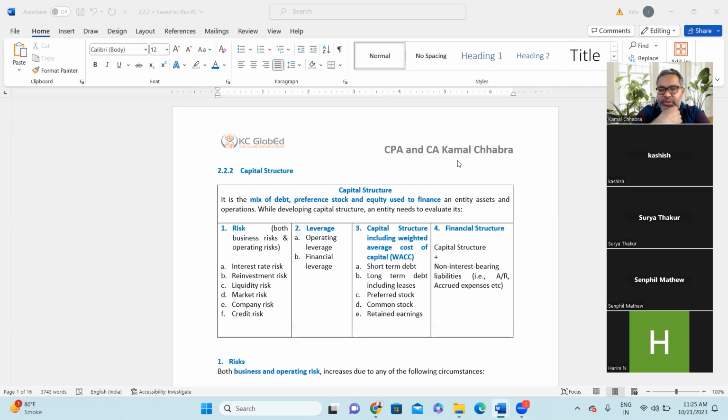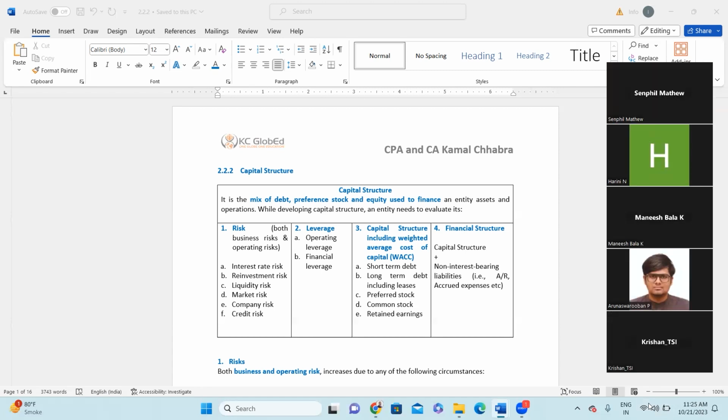Surya, Kashish, Matthew, Harini, have you heard about business risk? Arun, Krishna? Is it related to any particular type of business that can be incentivized by the government? Maybe any of your friends, family members, or relatives are doing any business by any chance?